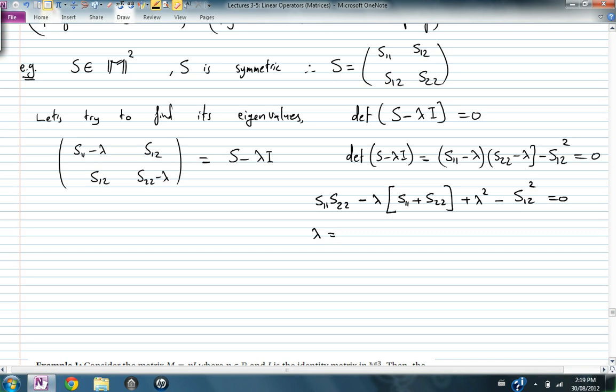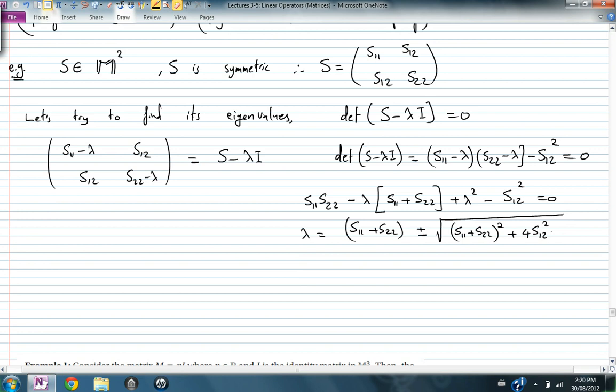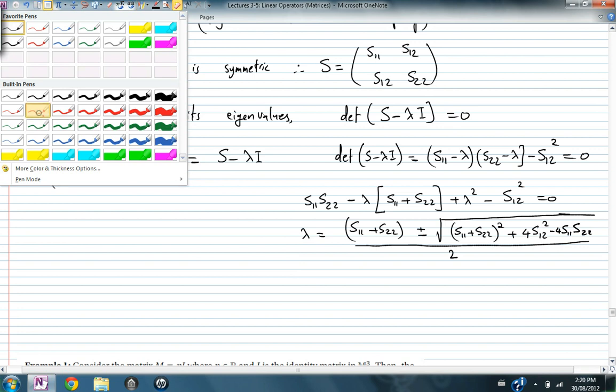From which, if you utilize the famous formula for the quadratic equation for lambda, you'll find that lambda is equal to S11 plus S22 plus or minus the square root of S11 plus S22 squared plus 4 S12 squared minus 4 S11 S22, all of this divided by 2.